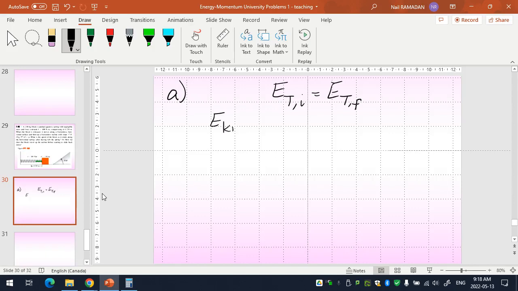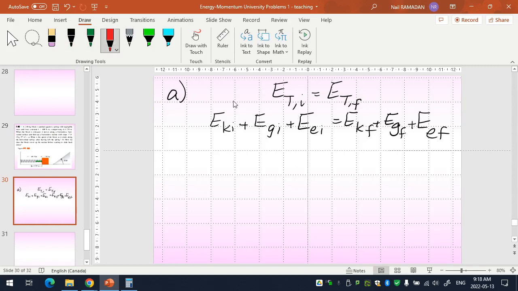So EKI plus EGI plus EEI equals EKF plus EGF plus EEF. Which two of these are 0, as long as you're on the ground? Gravity, thank you. So everyone, I'm going to cross this one out and this one out.